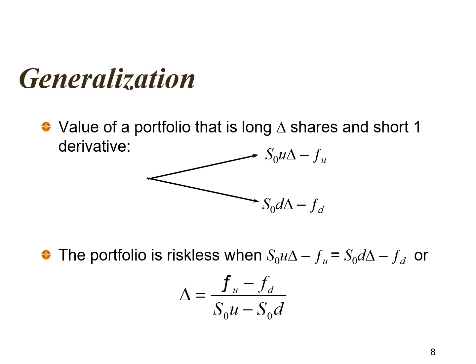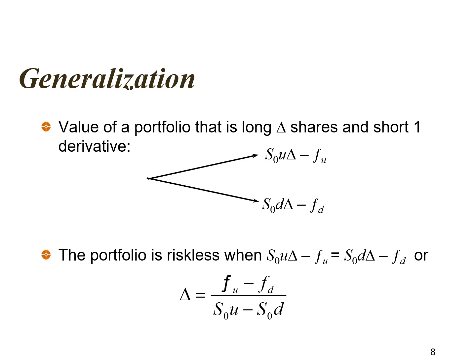So we can generalize what we saw earlier in the example so far, where you were long on delta shares and short on one derivative. So the value of your portfolio t months from now could either be S0 u times delta minus fu. So S0 is the spot price today of the security, u is the upward movement, which is always greater than 1, and delta is the number of shares on which you are long.